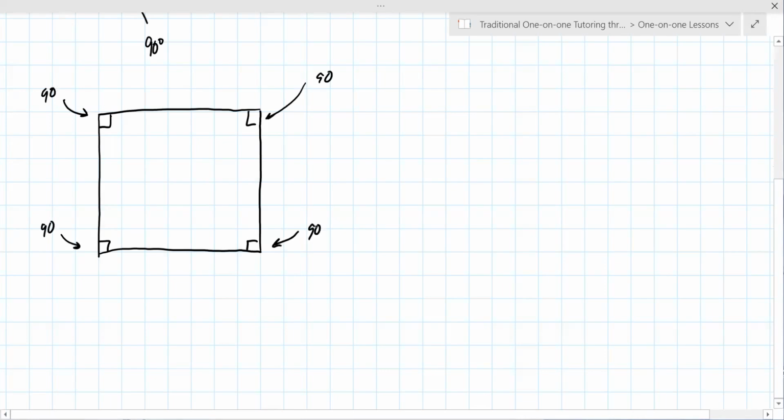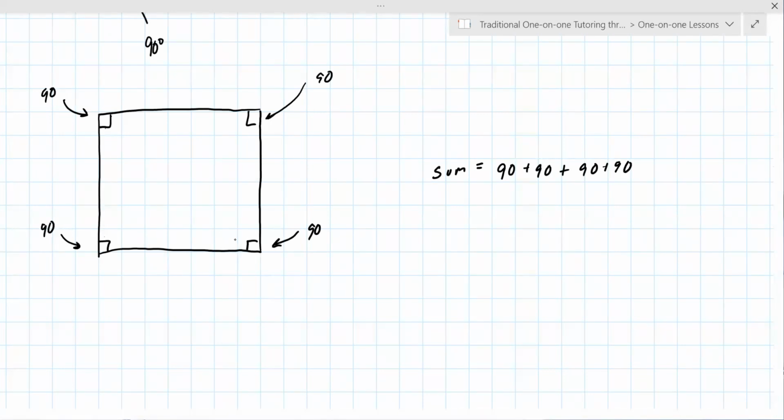What is the sum? What does it add up to? There's four of them, four angles. What does that add up to? 360. Very good.